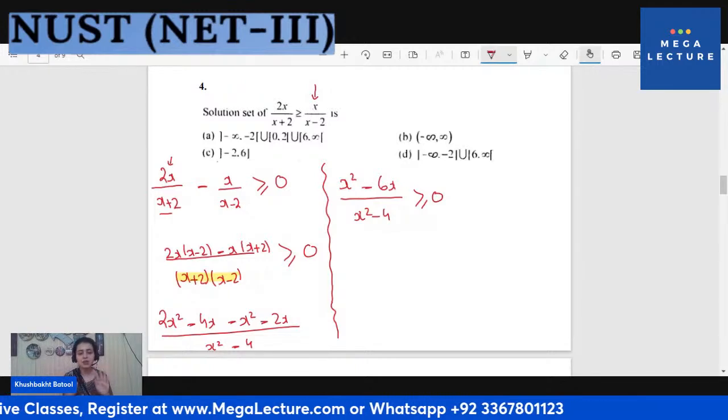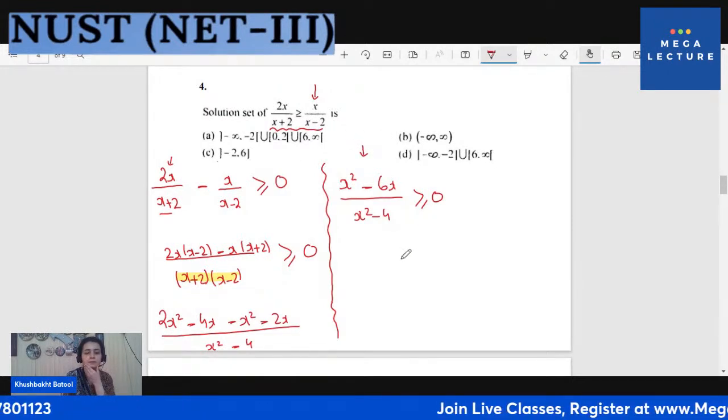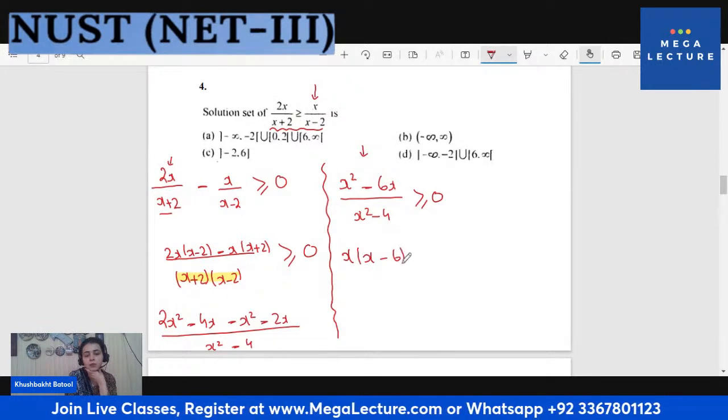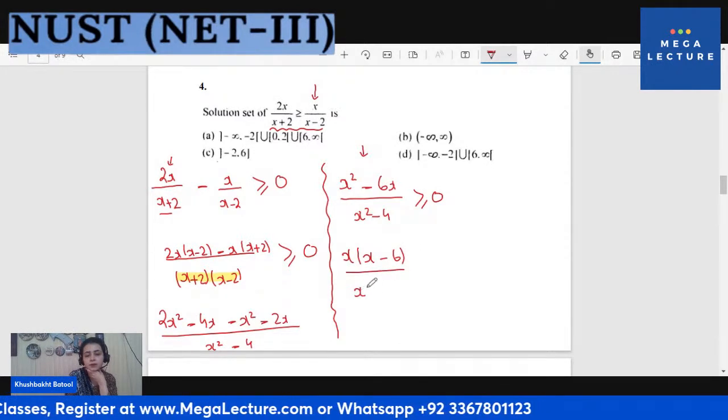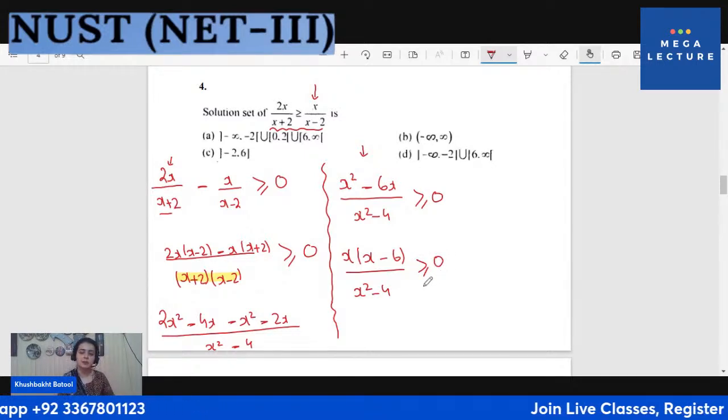For now, I'll stay quiet. Just understand how I have converted these two fractions into this one fraction. I'll just do one more step. In order to simplify, I'll take x common. And that is it. Please try understanding this and then I can explain it to you.